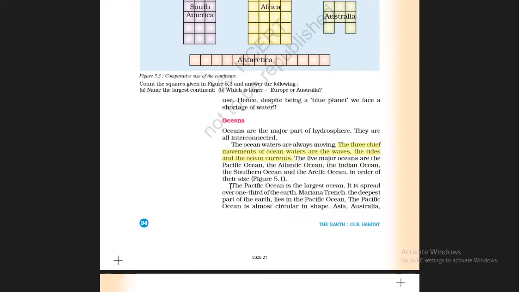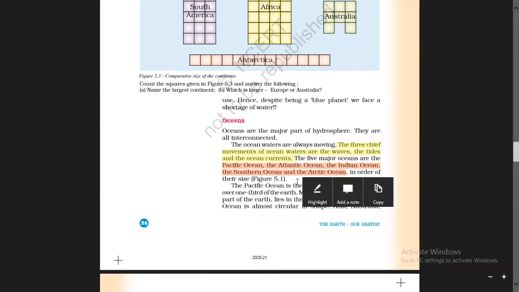How many oceans are there? If it asks you, you have to say there are five oceans in all. What are they? They are the Pacific Ocean, the Atlantic Ocean, the Indian Ocean, the Southern Ocean, and the Arctic Ocean. These are in order of their size, boys.